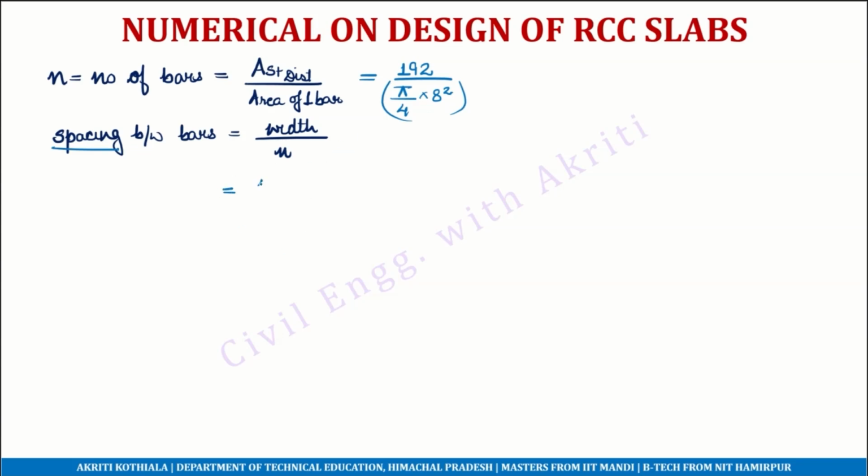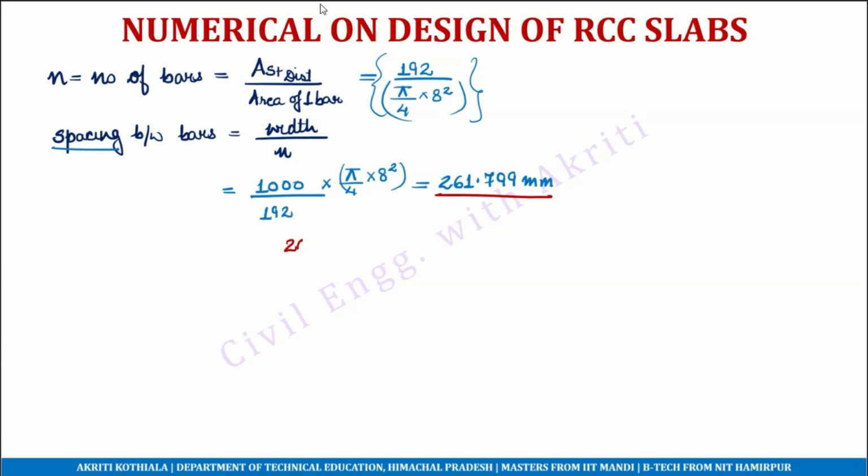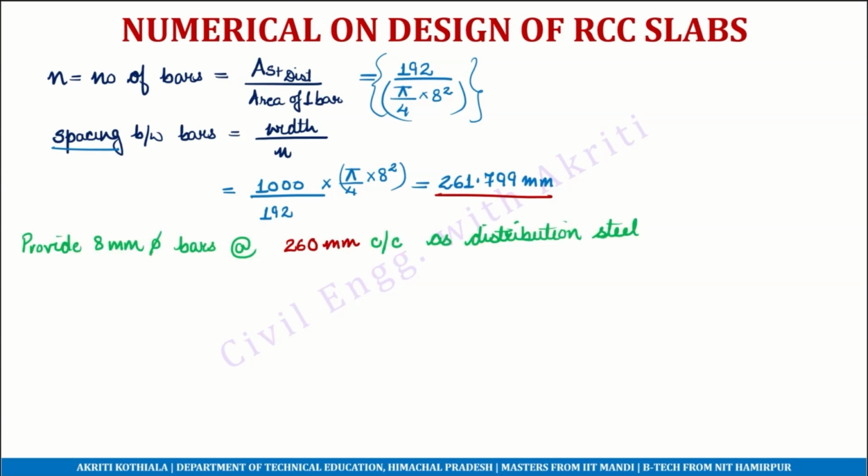Width is 1000 mm for a slab and n is this entire value. So substituting, we get 261.799 millimeters. Again, like in the previous question, we will go to the lower multiple of 10, that is 260 mm. So we can simply say provide 8 mm diameter bars at 260 mm center to center as distribution steel.